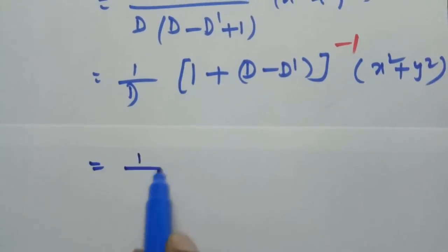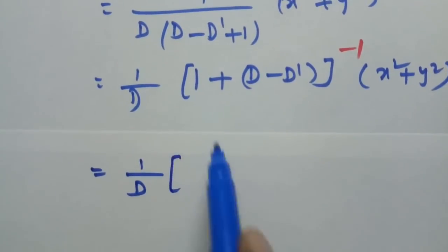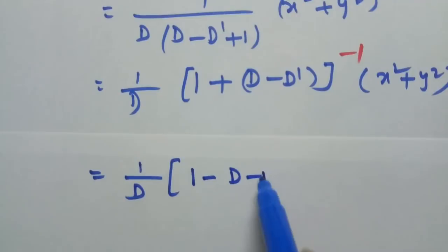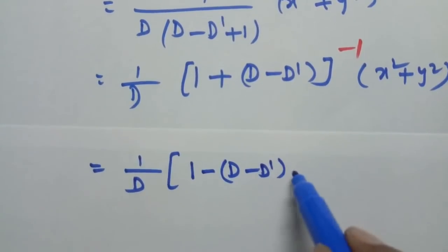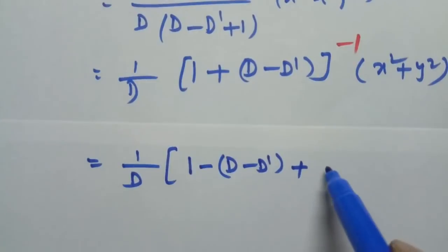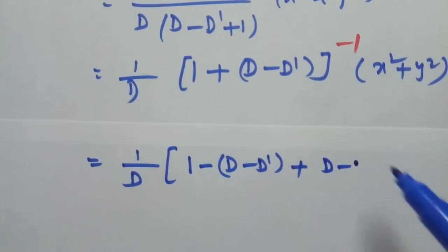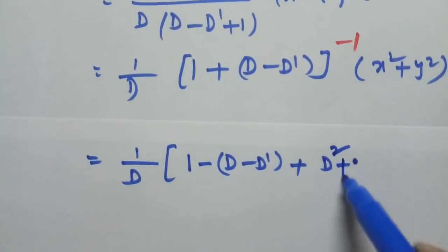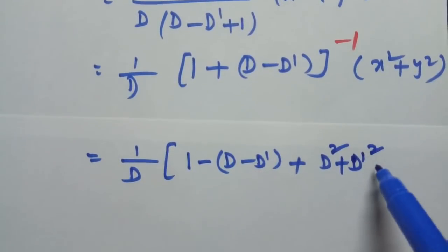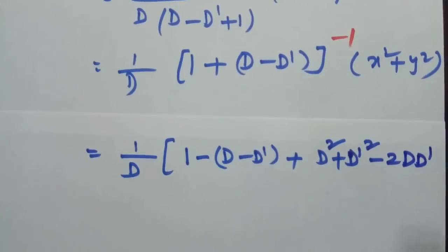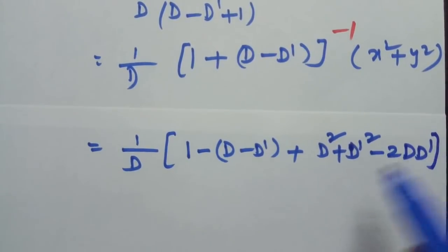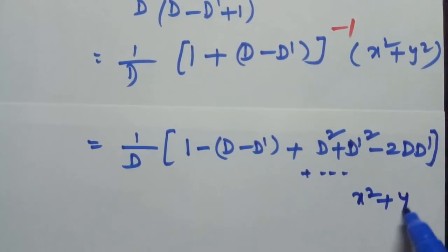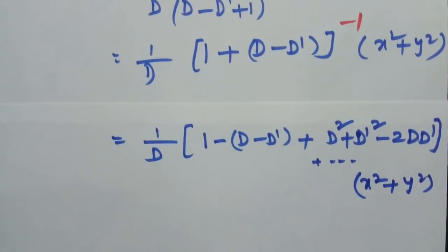This is equal to 1 by D. Using binomial expansion, this can be written as 1 minus x plus x squared, where x means (D minus D'). So (D minus D') whole squared is D squared plus D' squared minus 2DD', and so on, into x squared plus y squared.